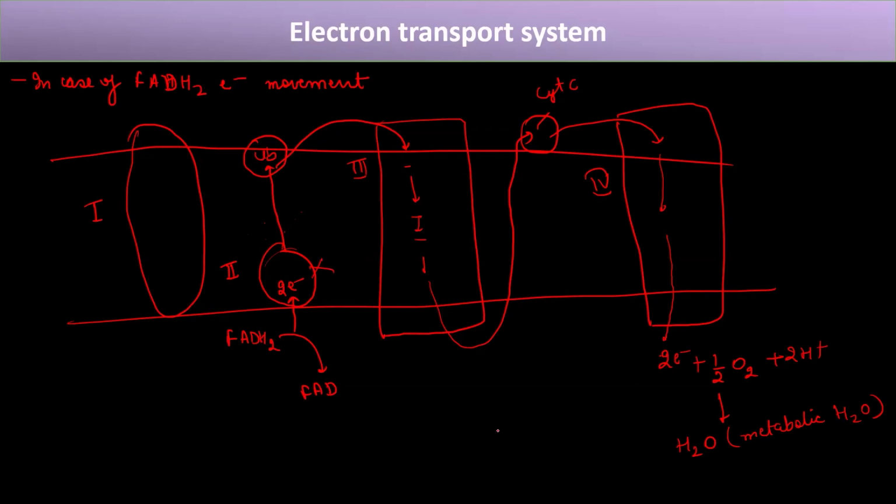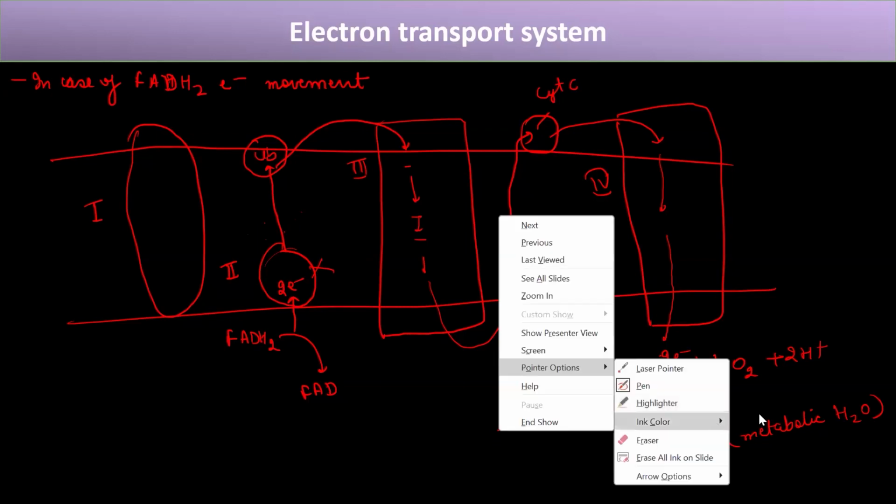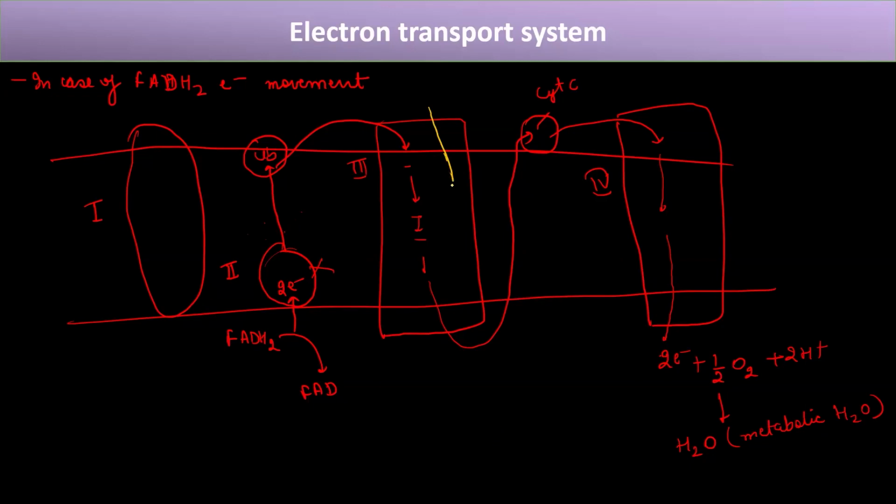So the hydrogen ion movement takes place through only two complexes. This is one complex where the hydrogen ion movement takes place, and this is another complex.